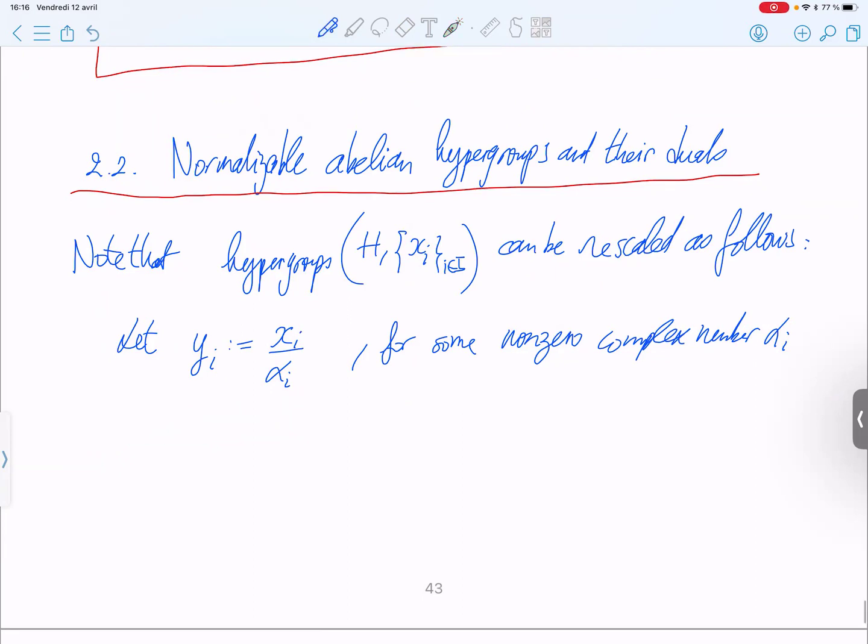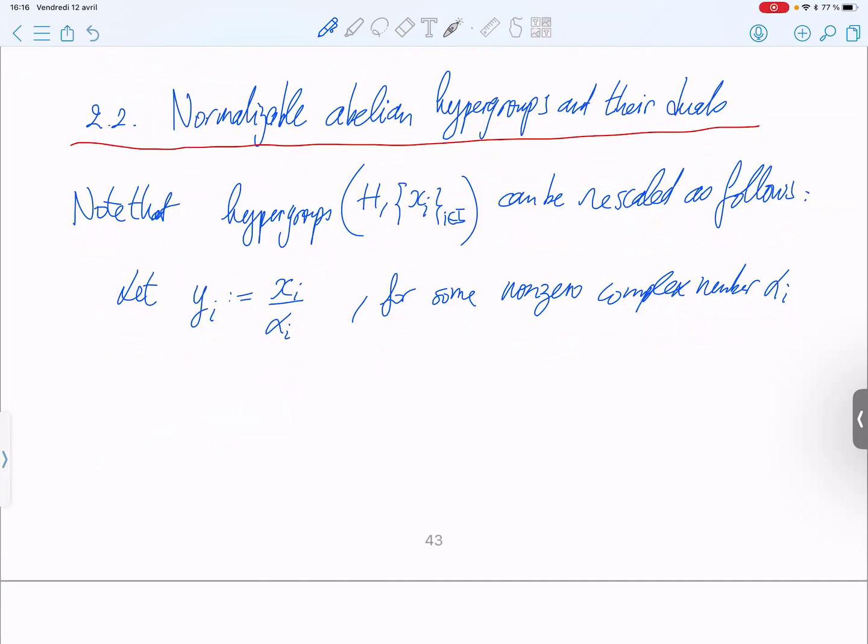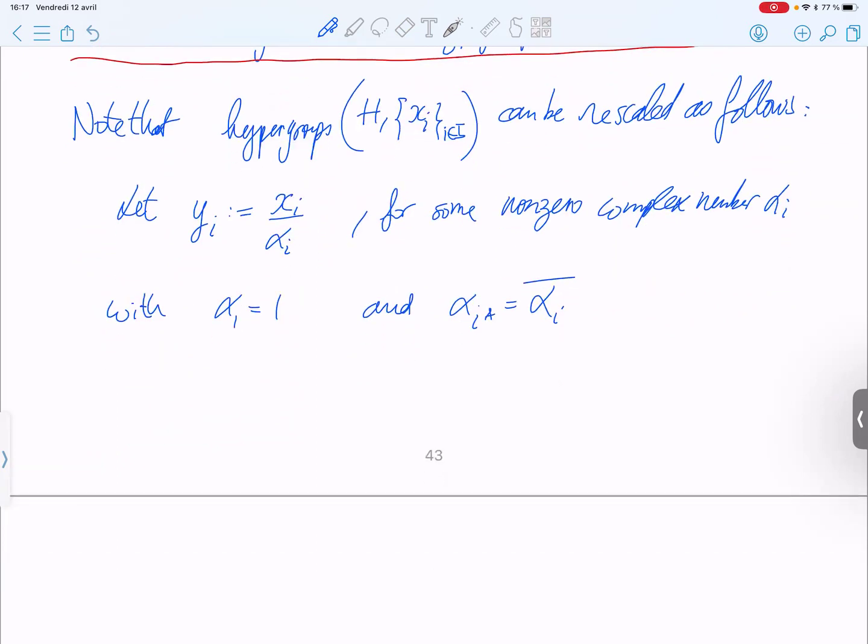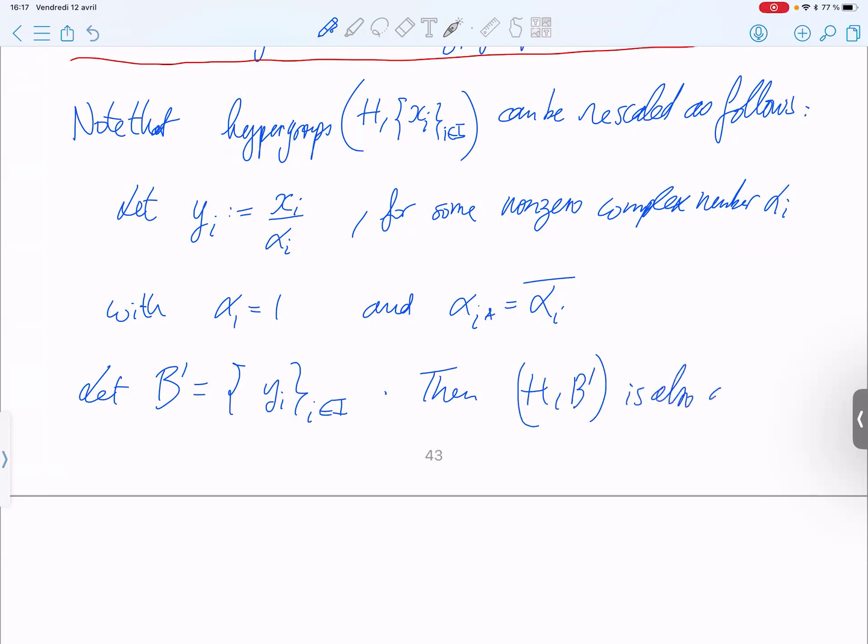We need the complex numbers alpha i to satisfy alpha 1 equal 1 and alpha i star equal the complex conjugate of alpha i. Let B prime be the set of y_i, i in I, then H with B prime is also a hypergroup.